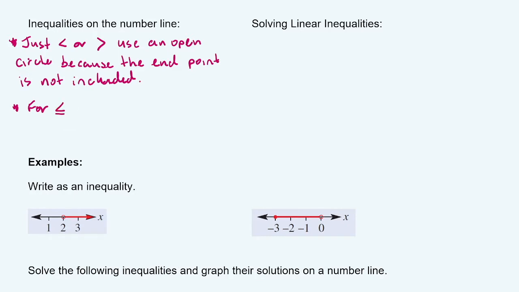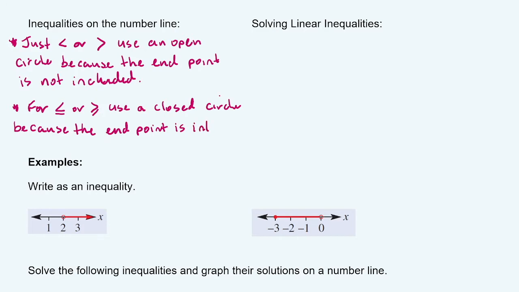So if we've got the equal to part as well, for these: less than or greater than, open circle; less than or equal to, greater than or equal to, closed circle.